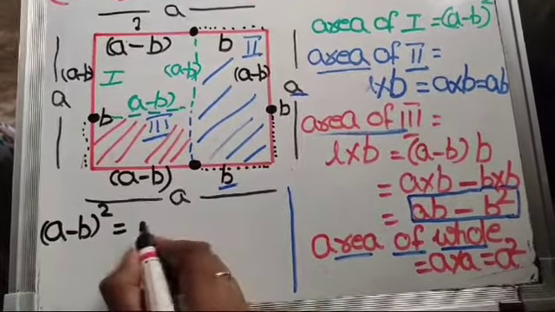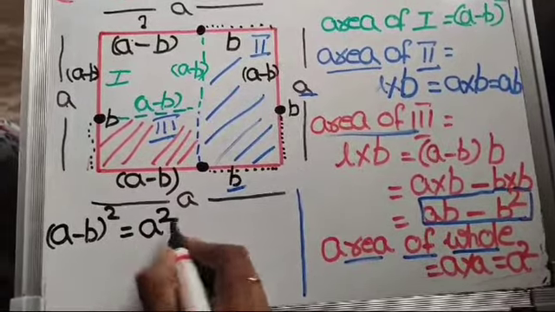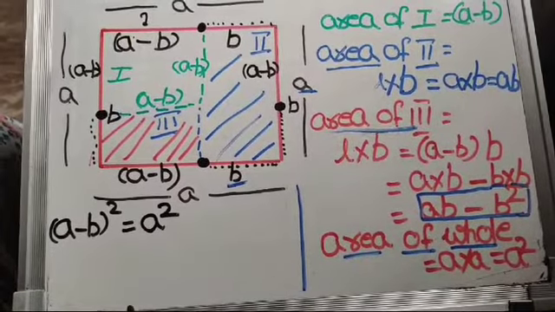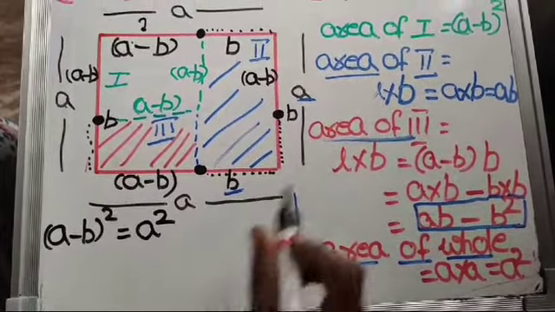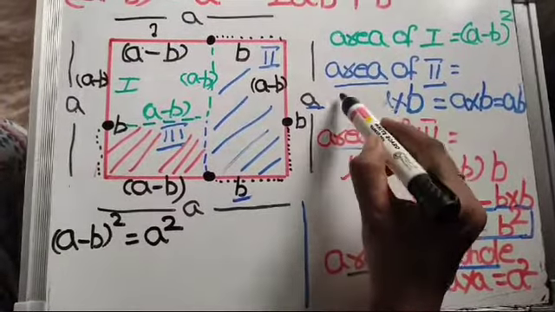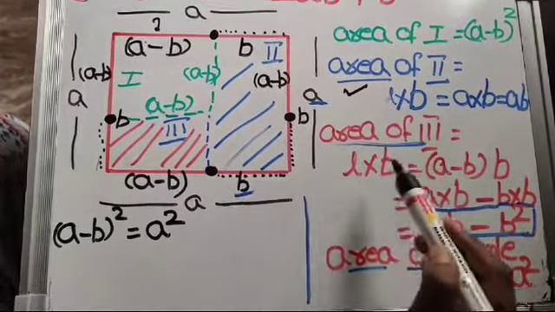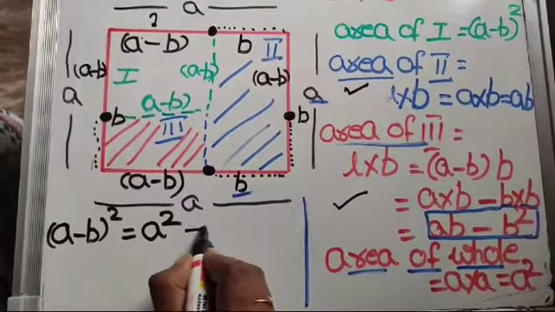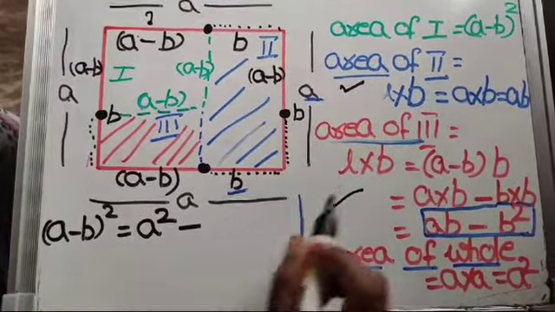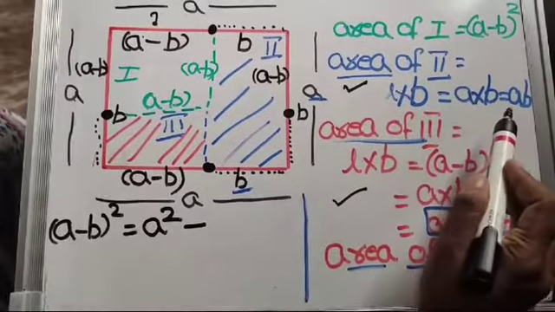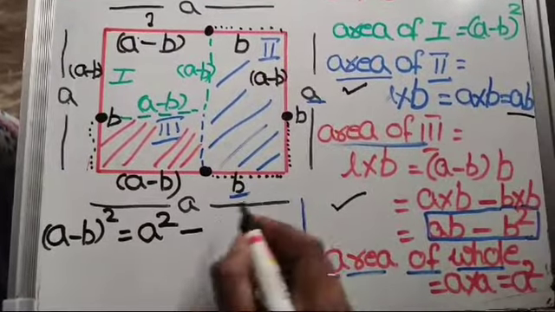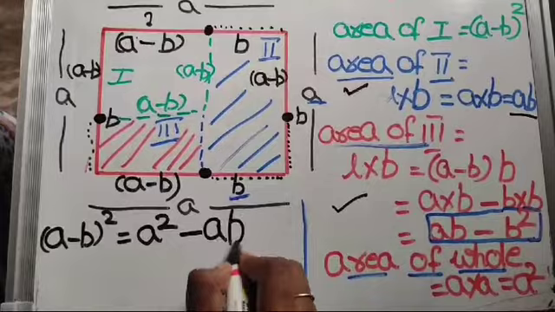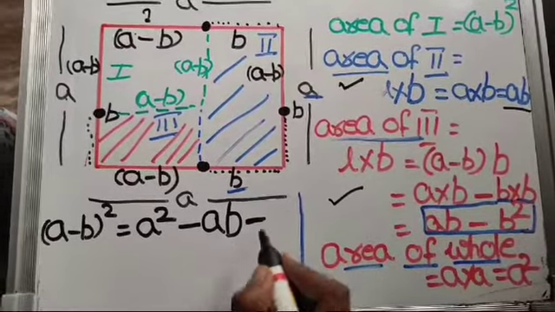What is the whole square area? A square. And we are subtracting the remaining areas from A square. That means the remaining areas from the whole square. So A square minus, what is the area of the second one? AB.